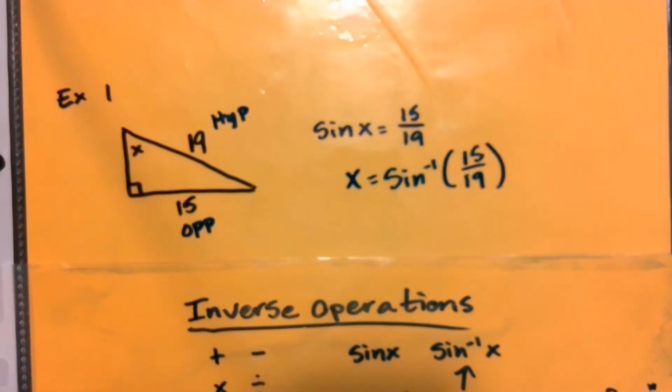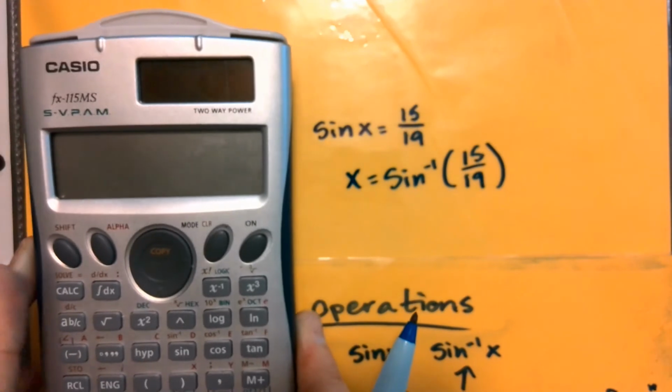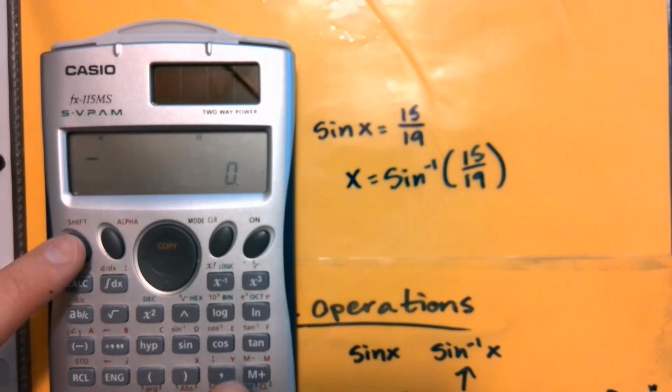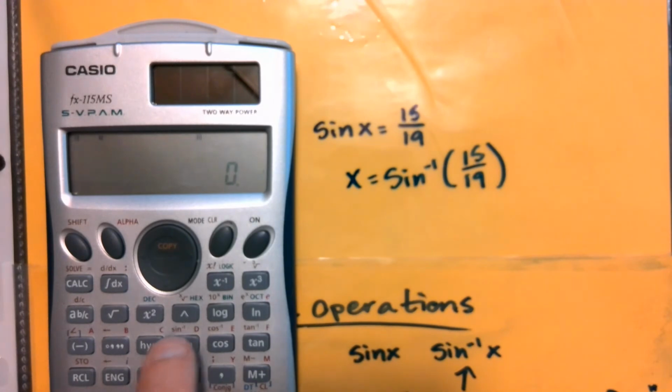Okay, so this is where your calculator comes in. Our sine inverse is right above sine on most calculators. Even if you're using your cell phone, it has a sine inverse as well. Or you could use the Desmos calculator, desmos.com. But if we're looking at just a regular old calculator, usually right above sine is sine inverse. And so we'll have to shift and then choose sine.